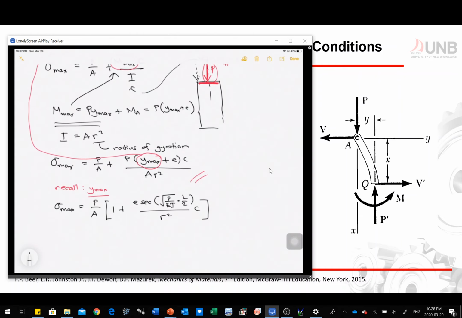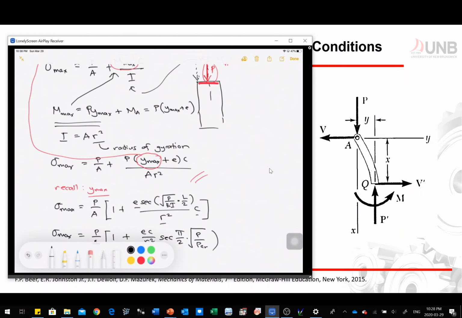And eventually we can again change the form of our equation, so we have sigma maximum is equal to P over A times 1 plus E C over r squared, so we just remove those numbers there, times secant of pi over 2 times square root of P over P critical.